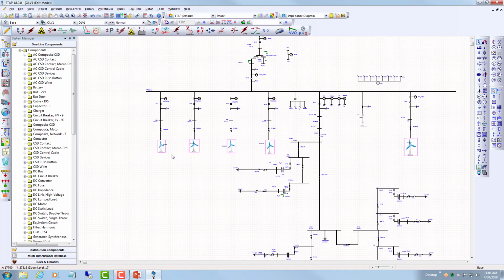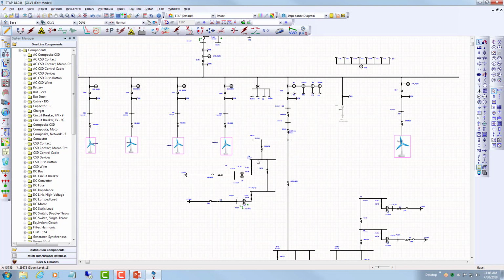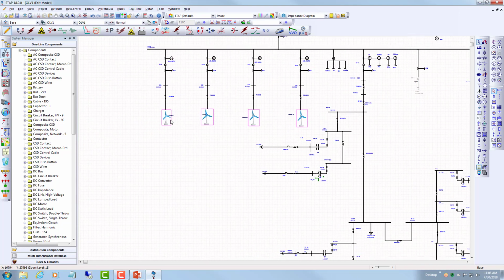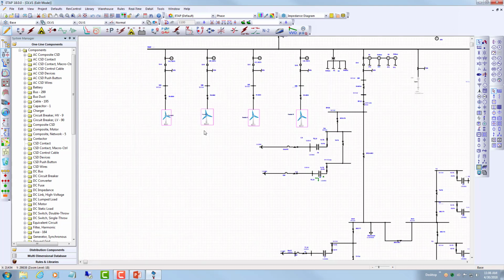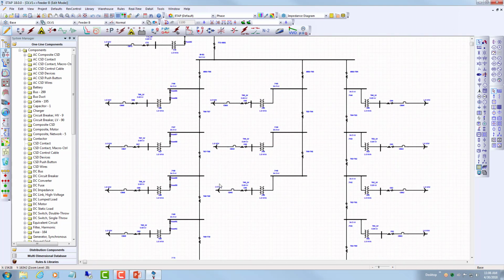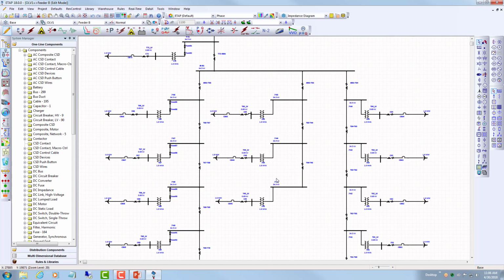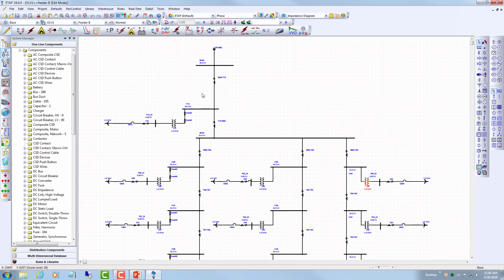I have expanded one of them in the one line diagram while the others are in the composite network, just for the sake of clarity. Each collector has several WTGs with step-up transformers, all the protections, cables, and fuses, connected to the system.